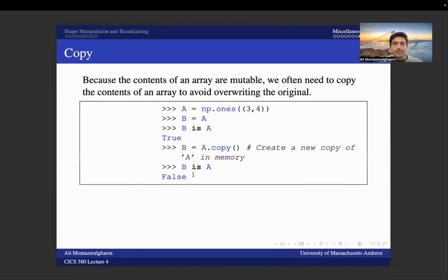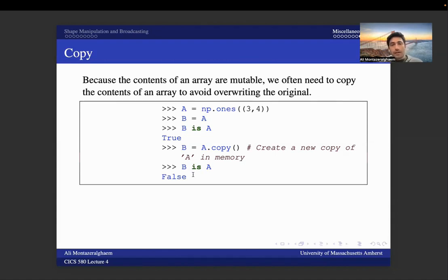In this case, the numbers that we have in A and B are the same, but they have different locations in the memory, and if you change one of them, the other one stays the same as before.